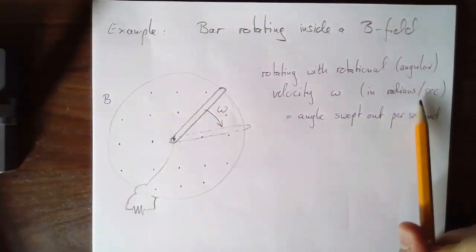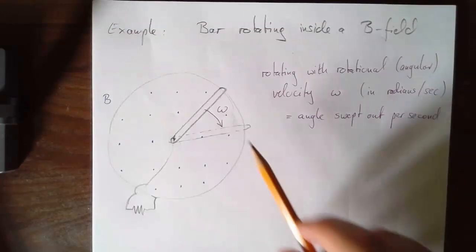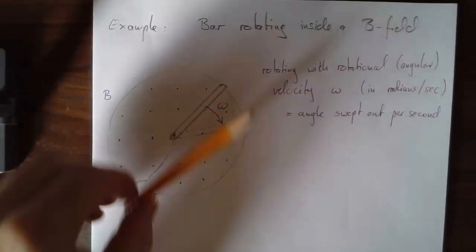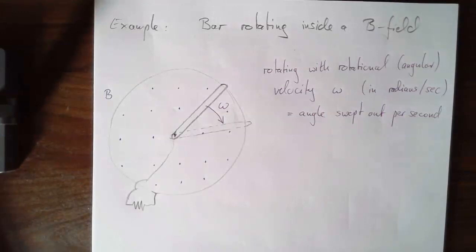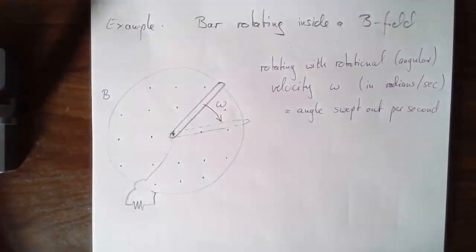And we're going to express this in radians per second, because that's mathematically more convenient in various ways. Right, so omega might be 2 radians per second, which would tell me that this thing is rotating 2 radians every second. Or maybe it's 0.1 radians per second, and then it'll be rotating 0.1 radians every second.